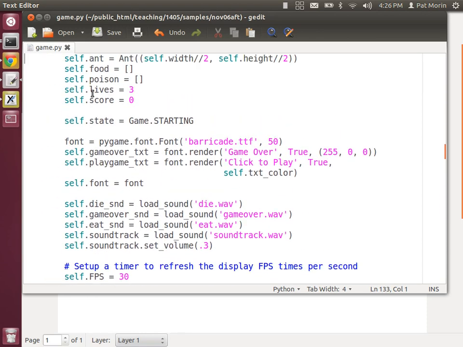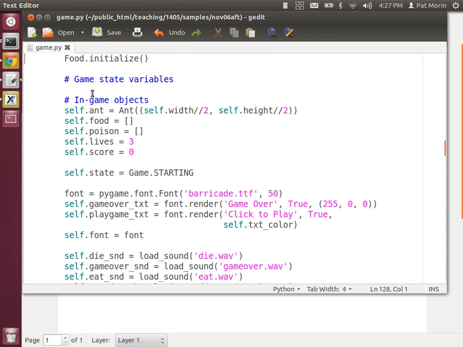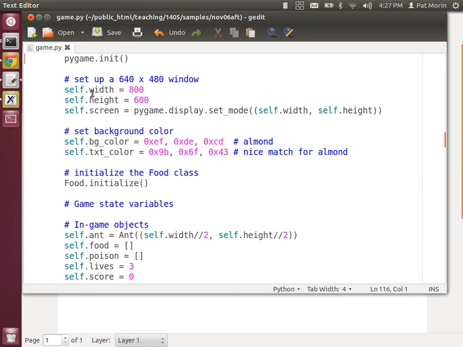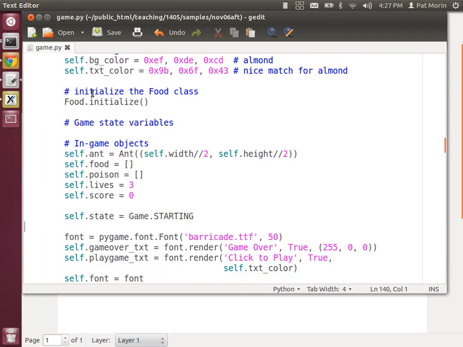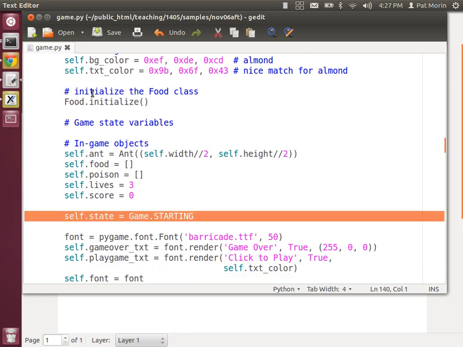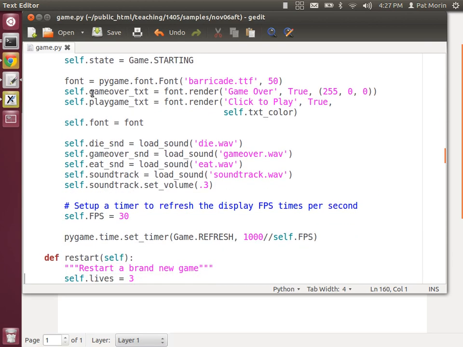So we should look at the code to see what's happening here. Let's take a look at this thing. We won't go through all the code. We'll just look at the highlights. In the init method, that's when we go to this starting state. So we set the state of the game to game.starting.